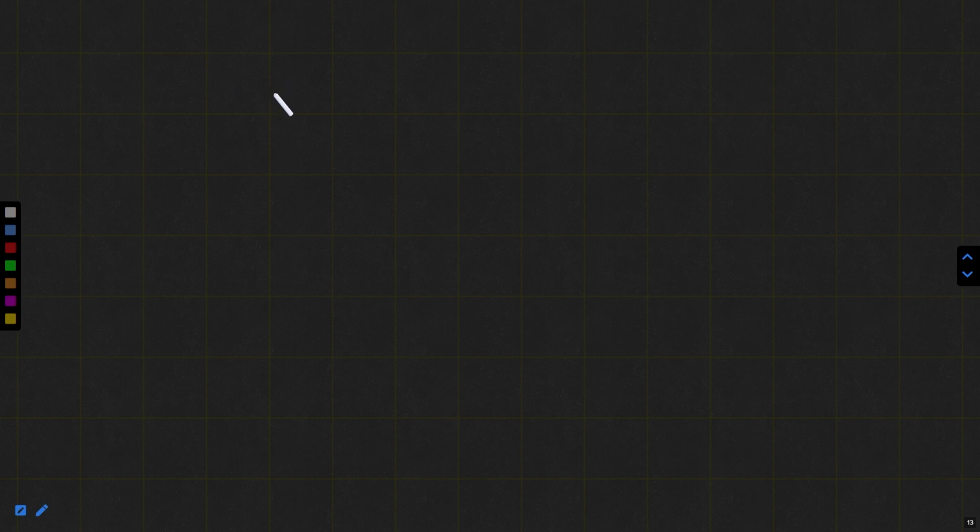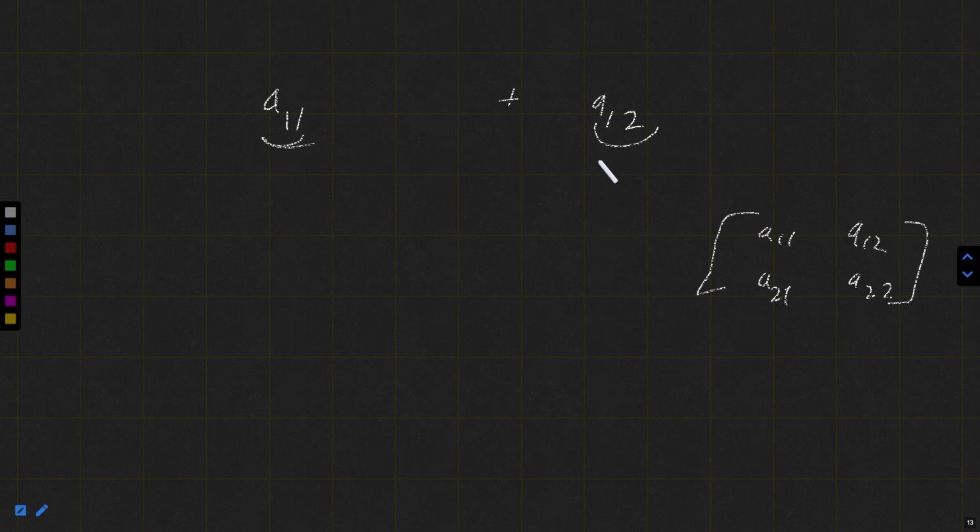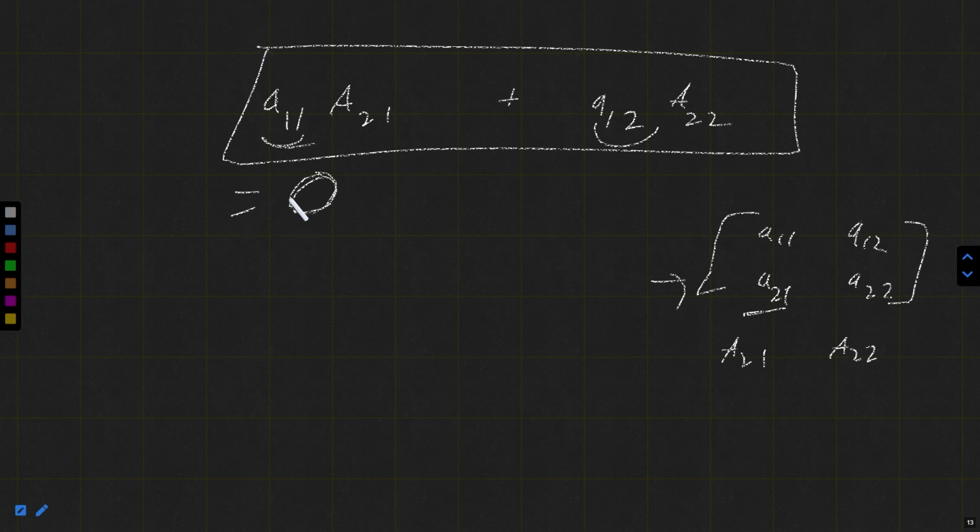In a 2 cross 2 matrix with entries A11, A12, A21, A22, if a row's entries are multiplied with another row's cofactors, for example cofactors for the second row, A21, A22, then this sum will always be 0.